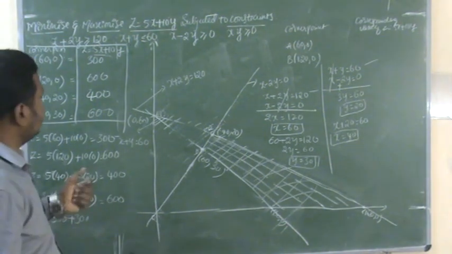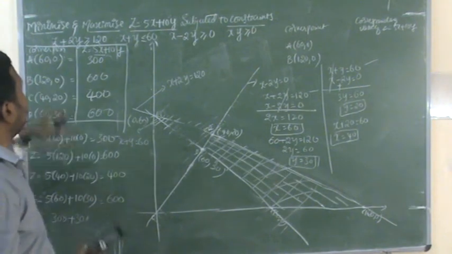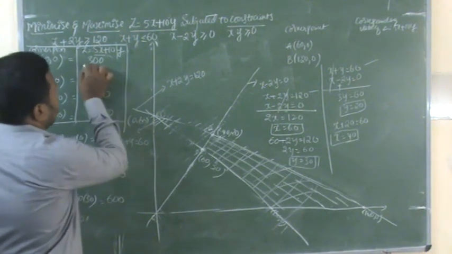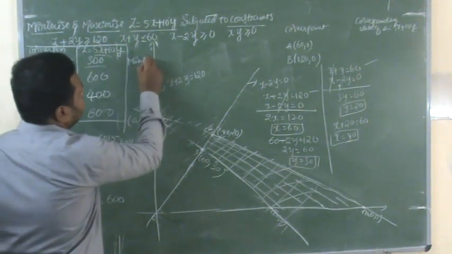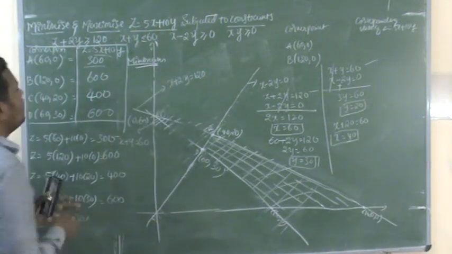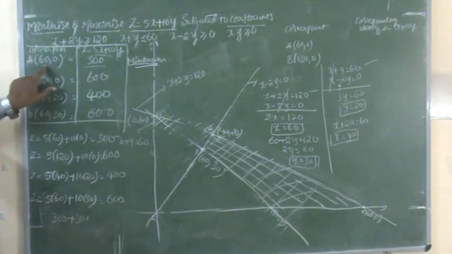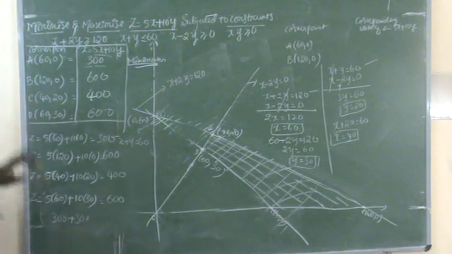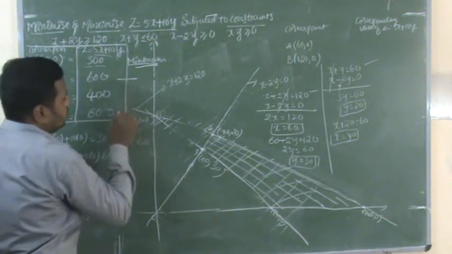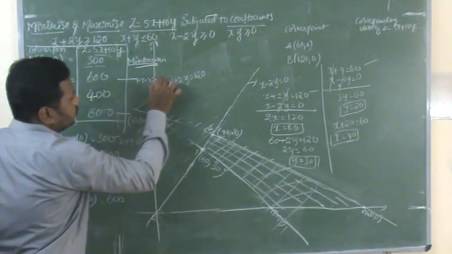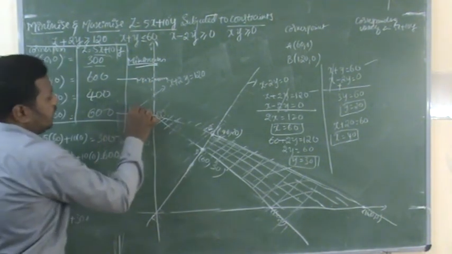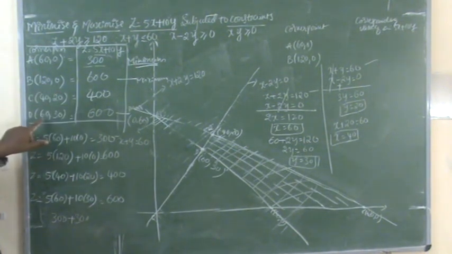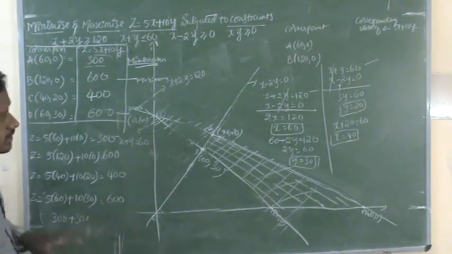See, the minimum value is 300. The minimum value is 300 at the point 60, 0. And the maximum is at the points B 120, 0 and D 60, 30.